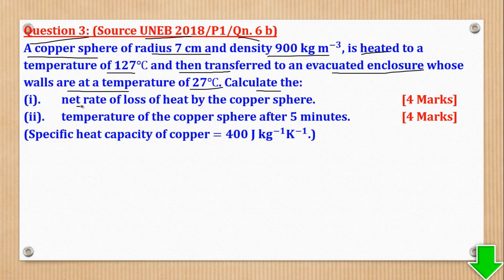Calculate Roman 1 the net rate of loss of heat by the copper sphere. Then Roman 2 the temperature of the copper sphere after 5 minutes. So the specific heat capacity of copper is that.